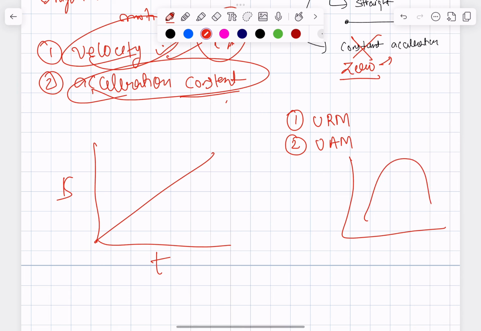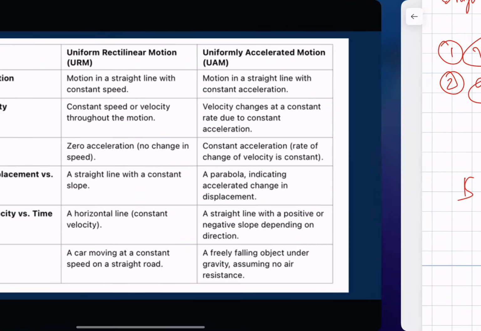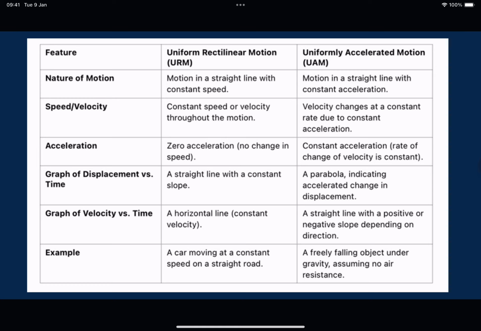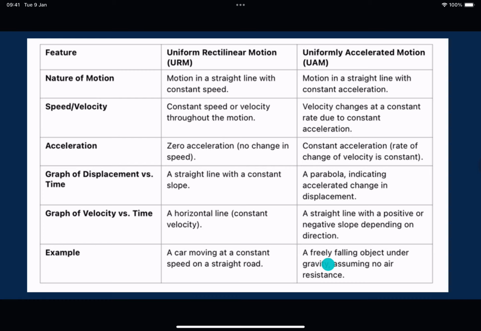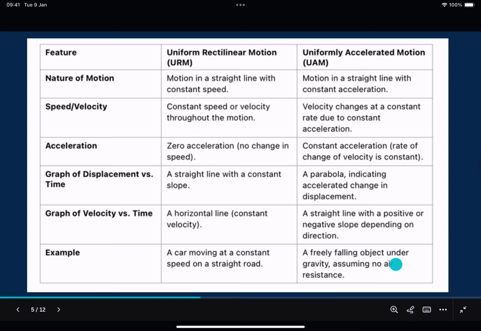This is the graph of uniform rectilinear motion, and this is the graph of uniformly accelerated motion. The last feature, I mean, is examples. A car moving at a constant speed on a straight road is the example of uniform rectilinear motion, and the example for uniformly accelerated motion is a freely falling object under gravity, assuming no air resistance.